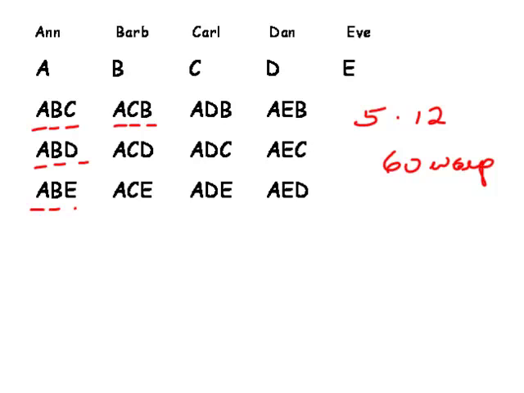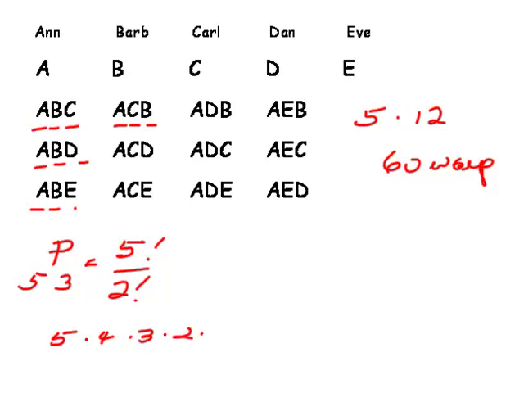So, since order mattered, we have a permutation of 5, choose 3, which will be 5 factorial over 2 factorial, which is 5 times 4 times 3 times 2 times 1 over 2 factorial, which is 2 times 1.